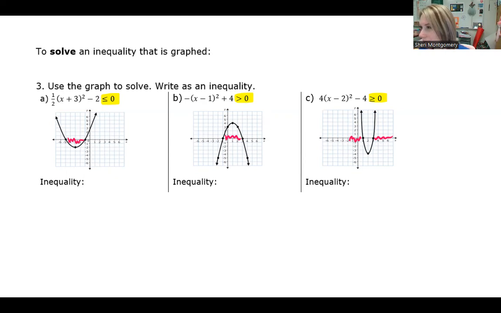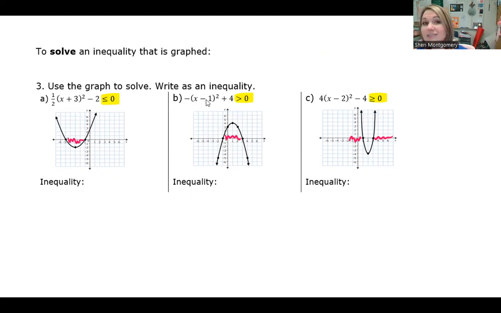Does anybody know why it's actually not? Because it's negative. Do you remember what you have to do when you divide or multiply by a negative? You flip the sign. So that's the reason why when you look at this one, even though it says greater or, it ends up being an and graph because it's negative. So that's the only time that they're a little different.